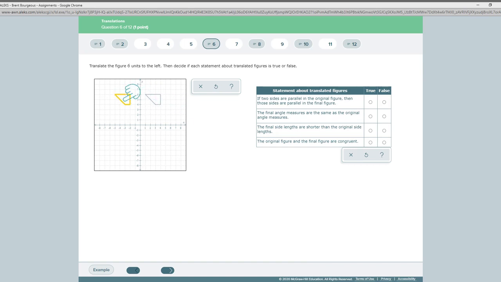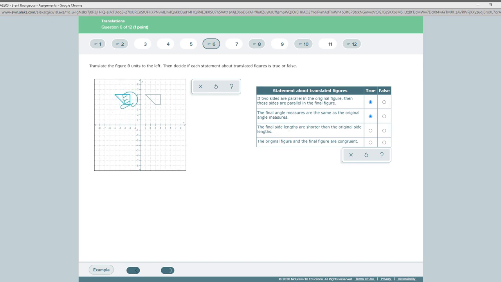Okay, so with my new figure here, what do I know about it? If 2 sides are parallel in the original figure, then those sides are parallel in the final figure. That's true. The final angle measures are the same as the original angle measures. Well, it's the same shape, just in a different spot, so that's true. The final side lengths are shorter than the original side lengths.